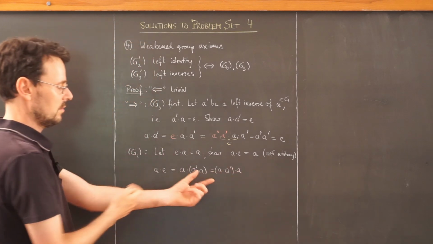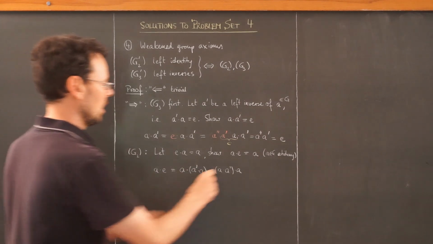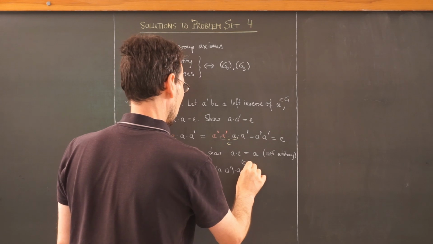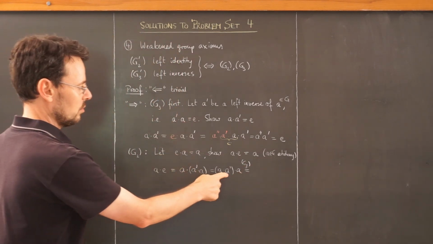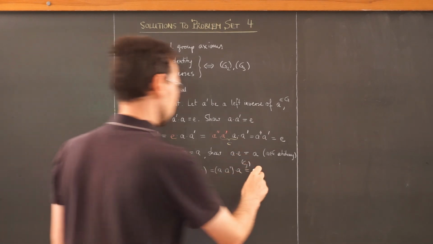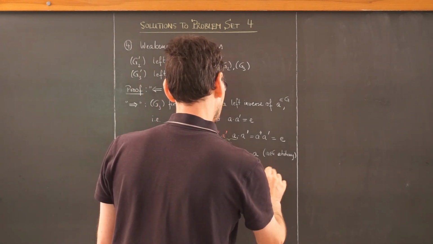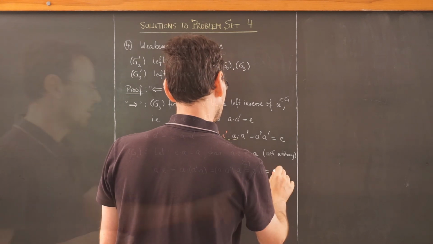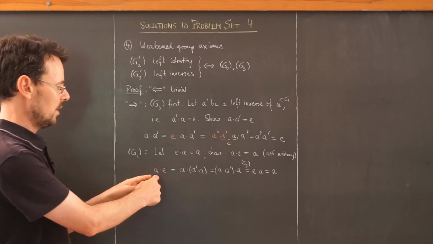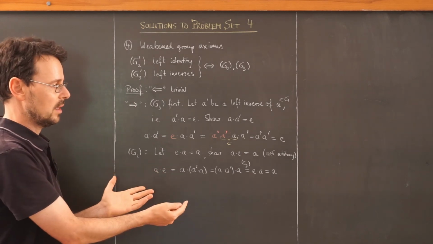So by associativity I can move the parentheses, and now we use what we have just proven, namely that A prime also is a right inverse to A, so we end up with E times A. So this here because E is a left identity, and then we have shown that E also is a right identity.